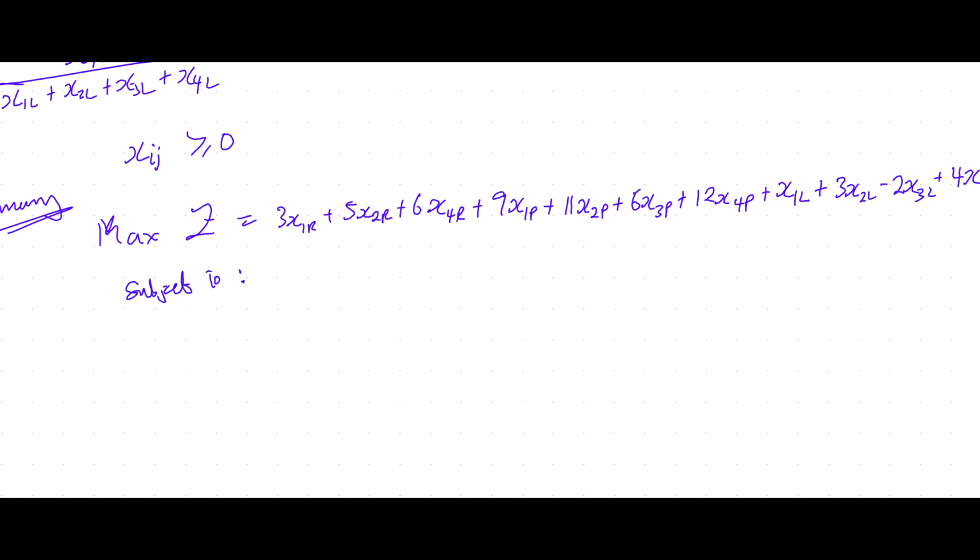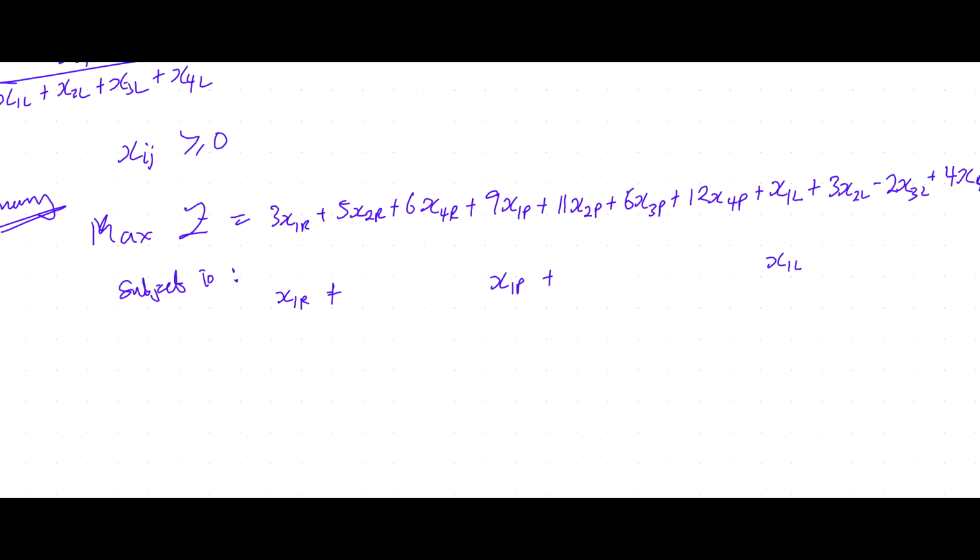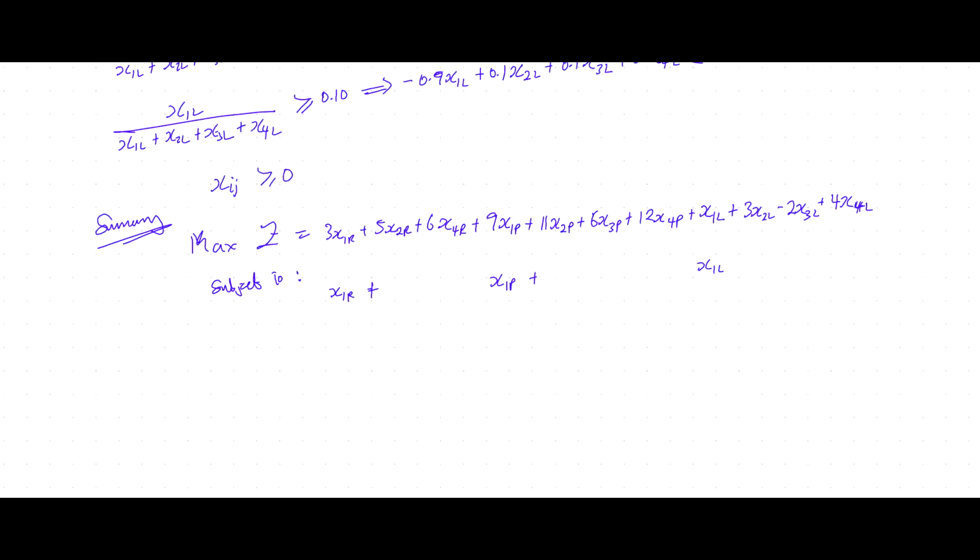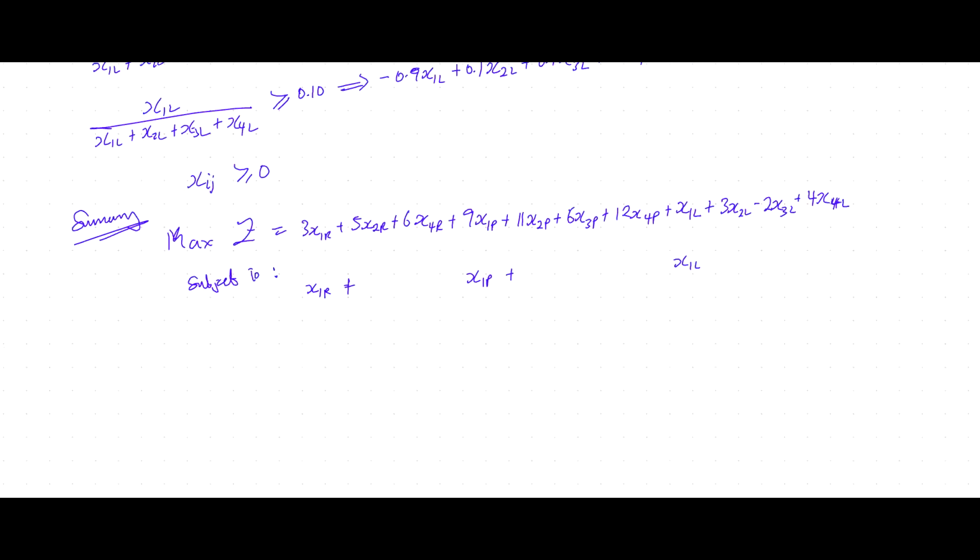So it's subject to x1r plus x1p plus x1l and is less than or equal to 5,000.